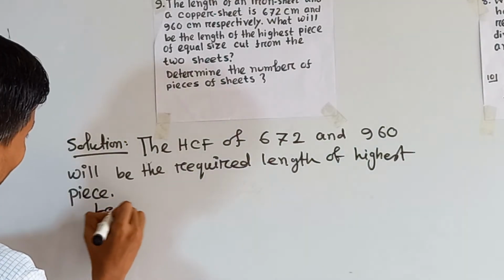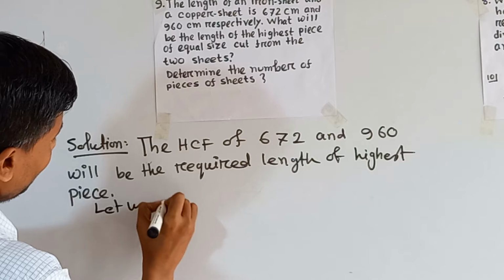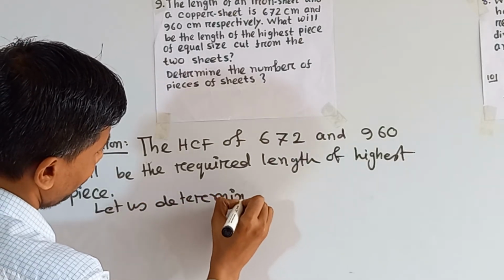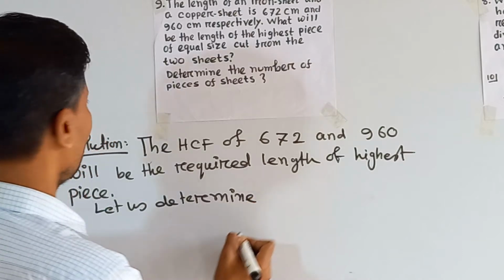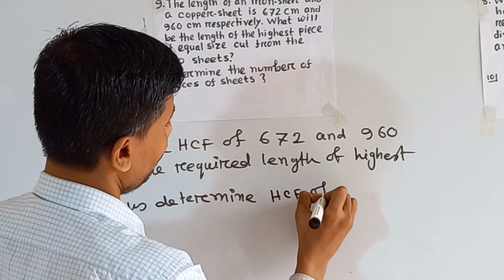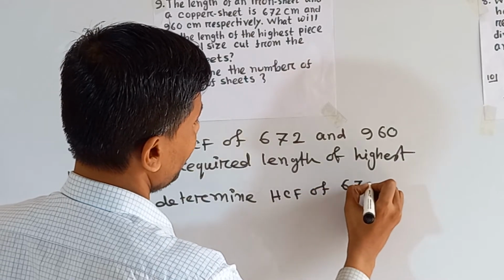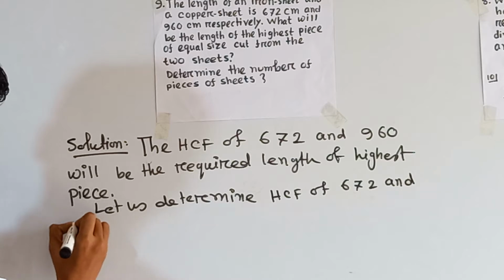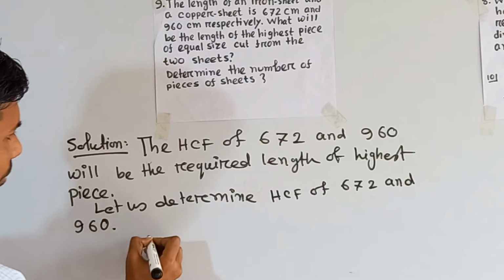Now let us determine the HCF of 672 and 960.